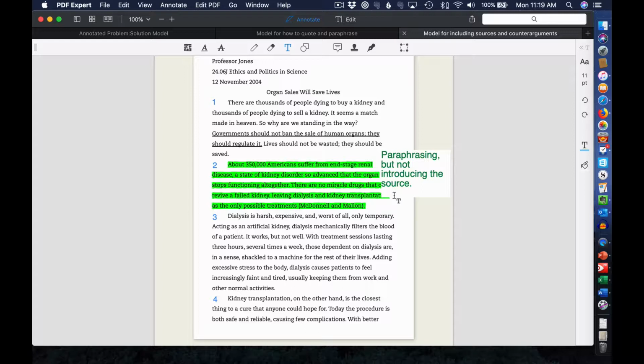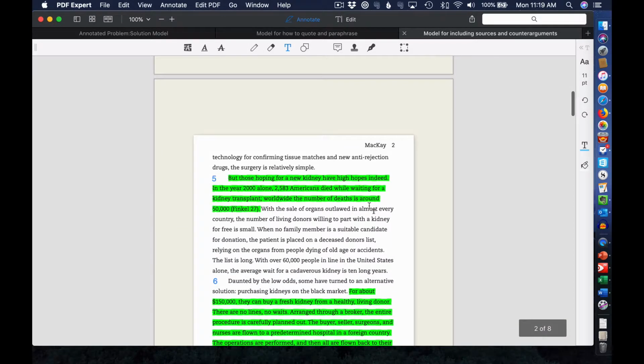She prefers to paraphrase a lot and just tell you the source at the end. So this whole paragraph is paraphrased, and then we have where she got that information, McDonnell and Malone, at the end, and there must not have been a page number or she would have included it. So that's another way you can do it.